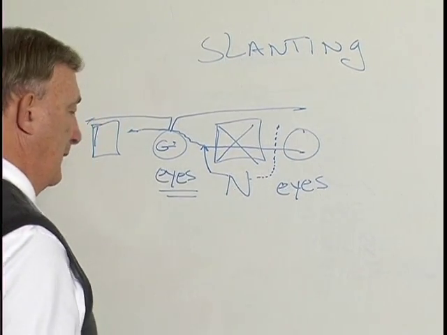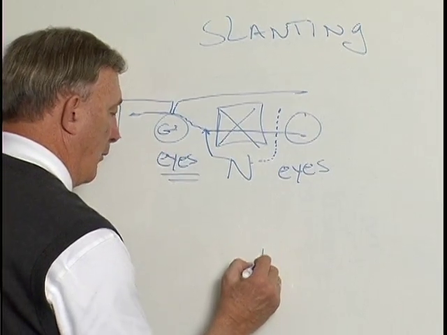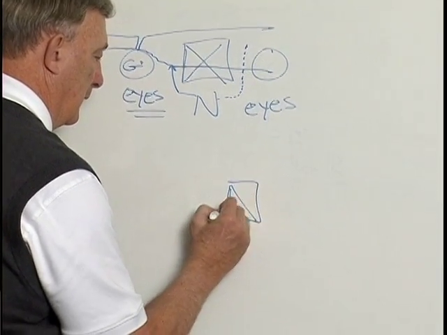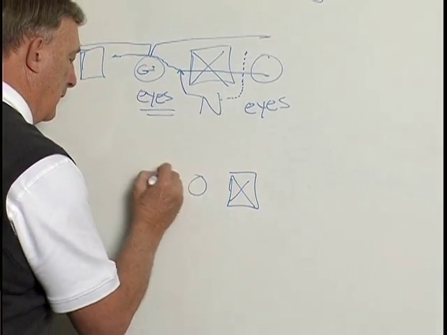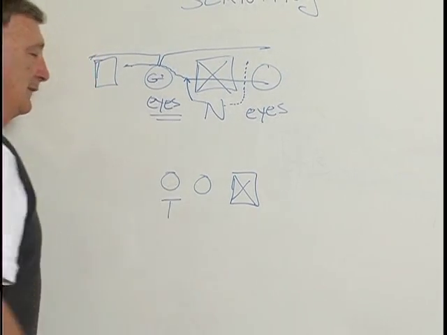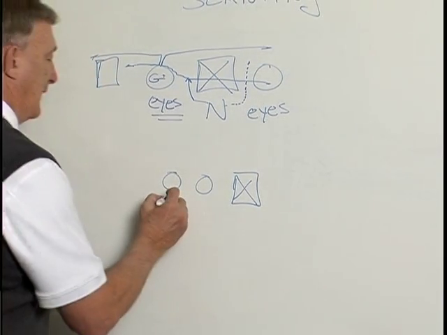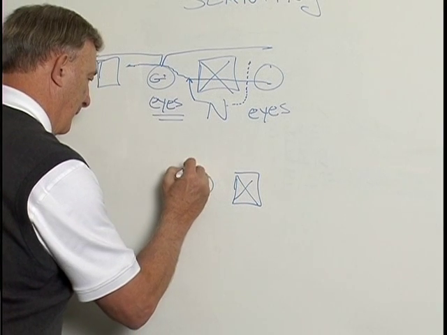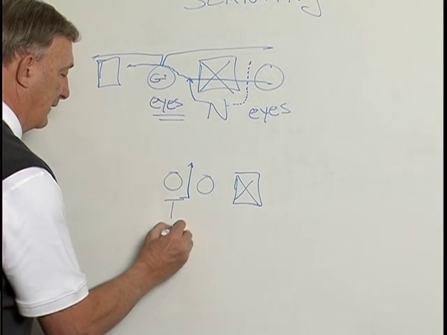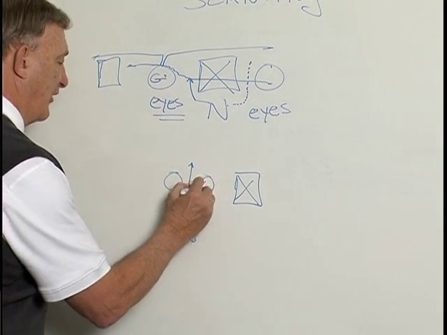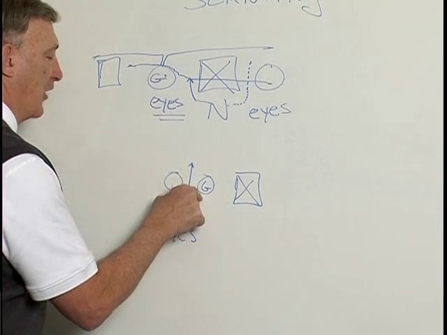Okay? Now, let's just go right down here and we will put our defensive tackle. He is doing the same thing. He is slanting. His eyes, just like the nose guard, has to go right here to this offensive guard.